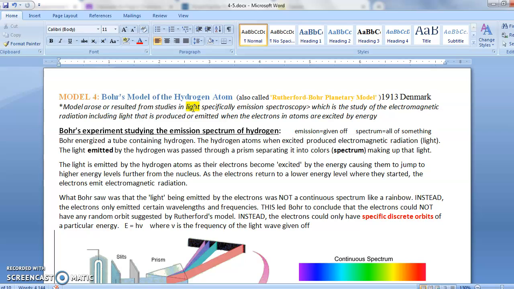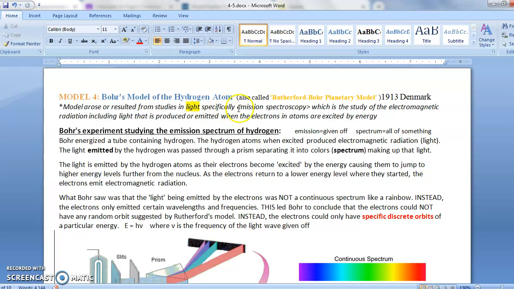At this time, in the early part of the 20th century, scientists were studying what happened when atoms were energized. And they found out that if you give atoms energy, atoms in the gas state, if you blast them with electrical energy or even heat energy, you can make those atoms glow.